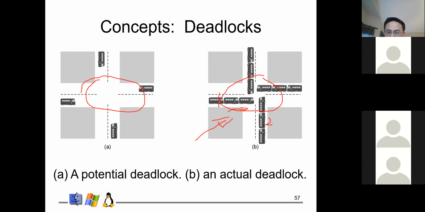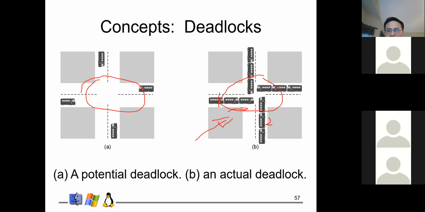All right. So how do we solve the deadlock problems? There are three general approaches that we could take. The first one is that you're trying to prevent the deadlock from happening.